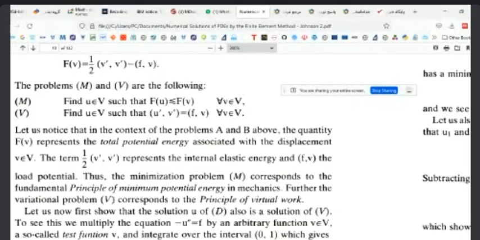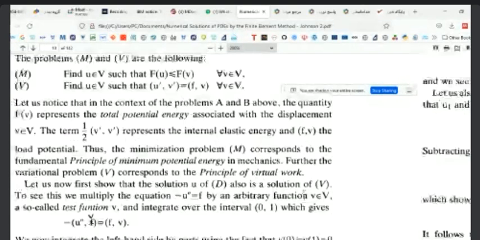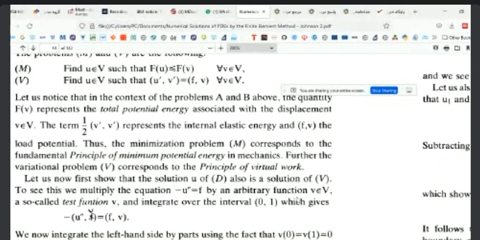Further, the variational problem V corresponds to the principle of virtual work, in this case, the work and energy.